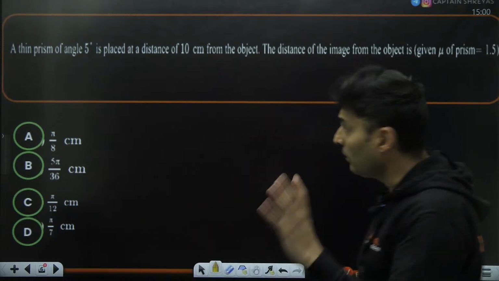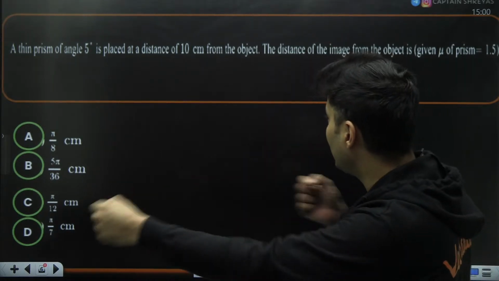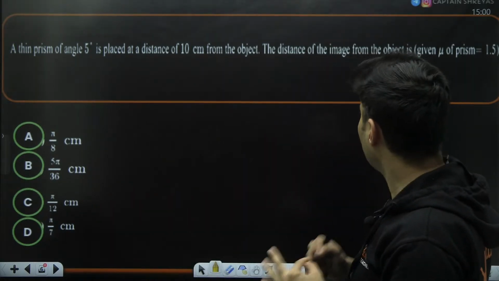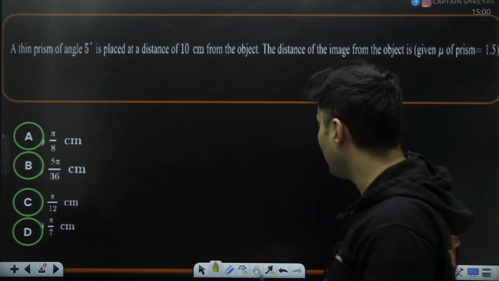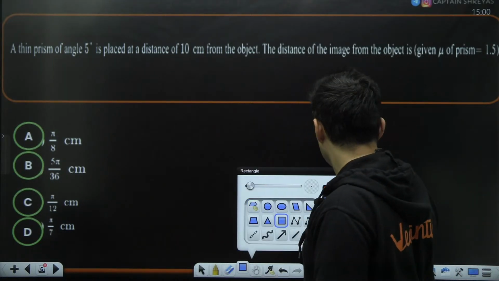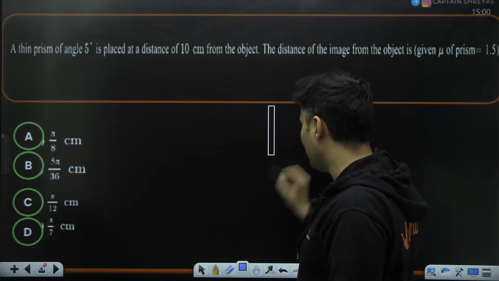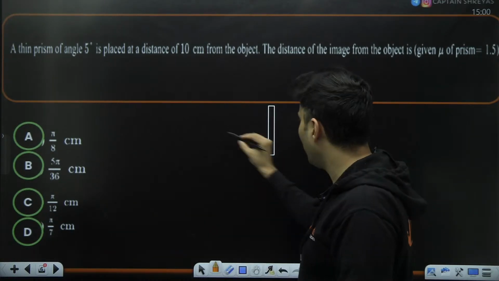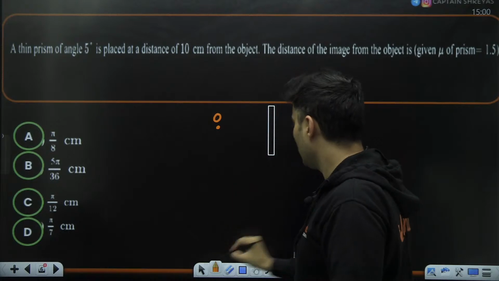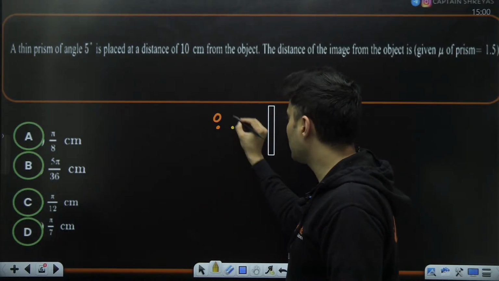A thin prism of 5 degrees angle is 10 centimeters from the object. The distance of the image from the object. Very nice question. See, if you have a glass slab and an object over here, the image is formed over here.